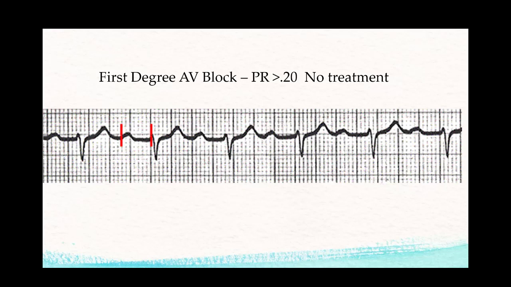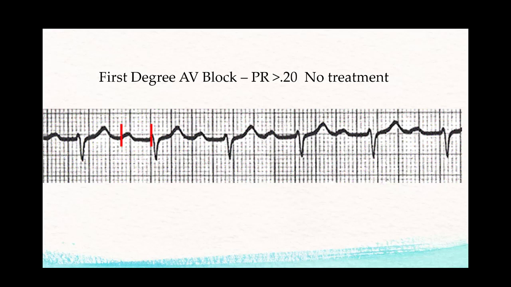The PR interval is in red. That is much longer than 0.20. So there is a slowdown within the AV junction, and it's just taking longer to get through.